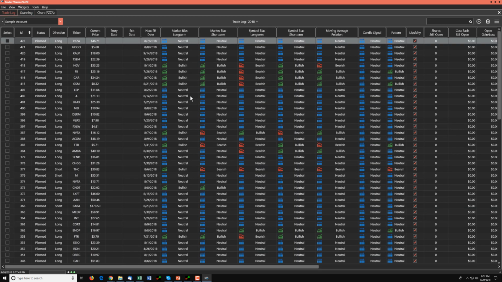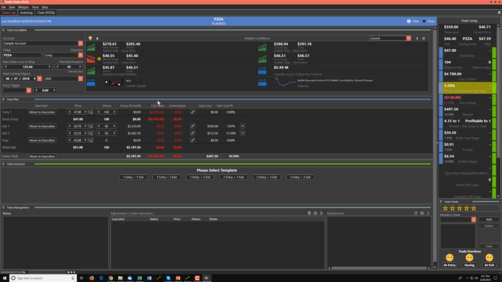I'll just open up this last one for argument's sake, and you can see that we've got 4 bullish conditions. You're trading with the market biases, long and short term. You're trading against the long-term bias because it hasn't flipped. It's a rounded bottom breakout. That's to be expected, so that one doesn't bother me. And you're trading with the short-term bias on the ticker.